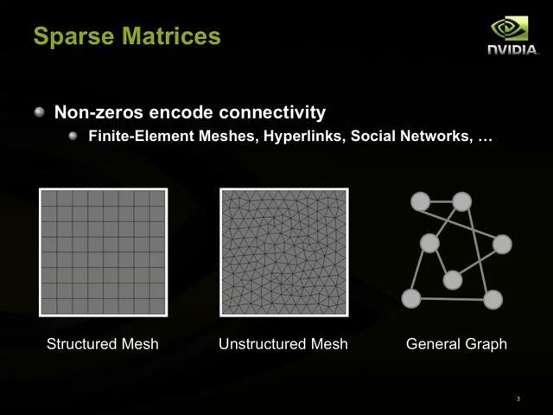Structured meshes, so here I have just a bunch of squares. You could imagine cubes or other things that just have a regular tiling pattern. The nice thing about them is that they give rise to sparse matrices with a very well-defined pattern, and we can exploit that. Unstructured meshes like this are a little bit harder. We need a more general kind of representation for these. They're a little harder to work with. But still, even within unstructured matrices, there are different kinds.